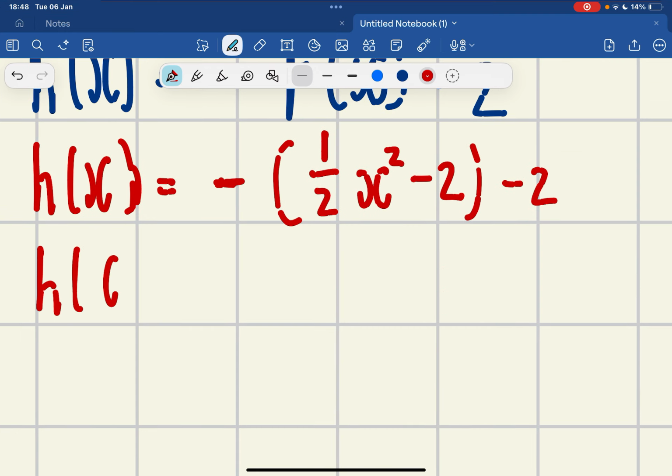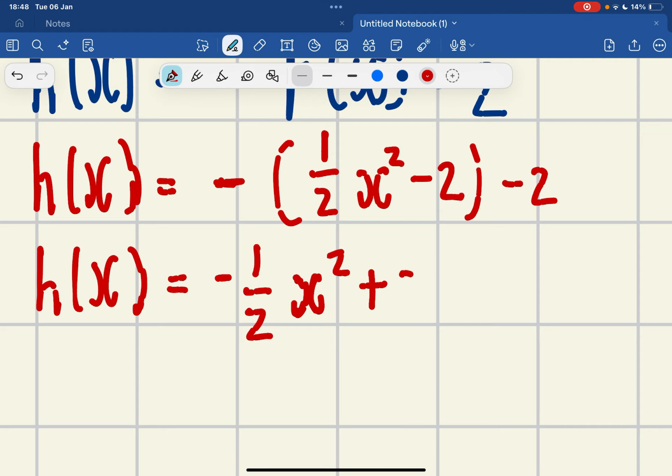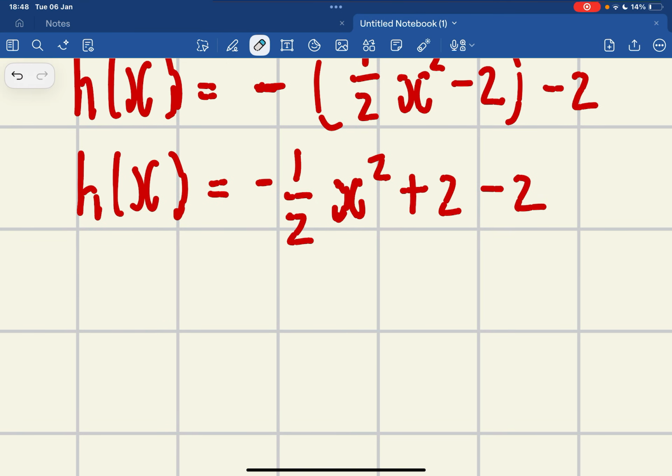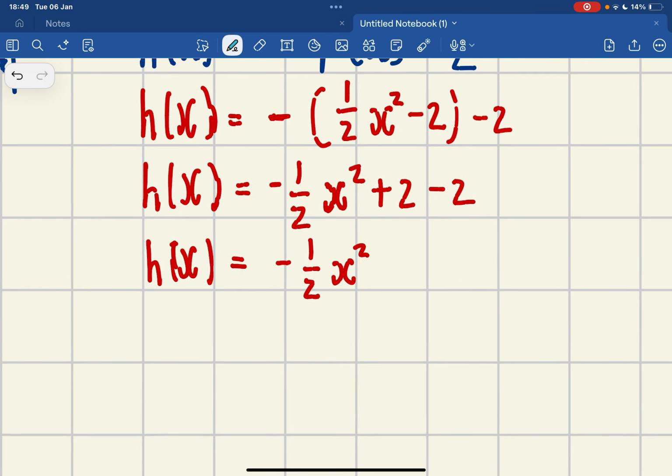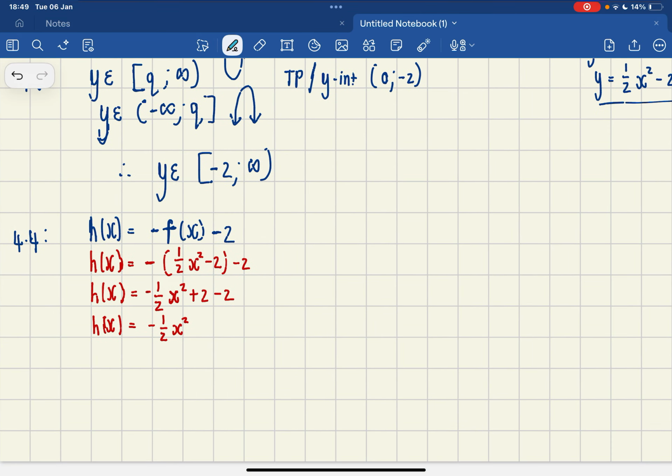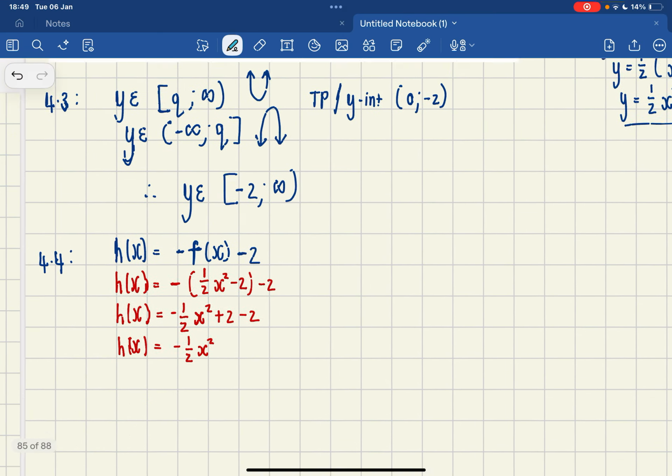Therefore, h of x is given to us by saying negative a half x squared plus 2 minus 2. And if we simplify that further, h of x is equal to negative a half x squared, essentially. There we go. So now they want the range of h of x.